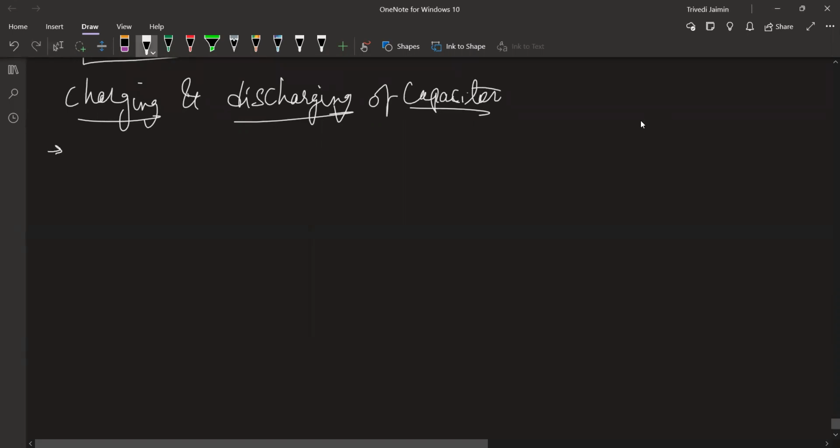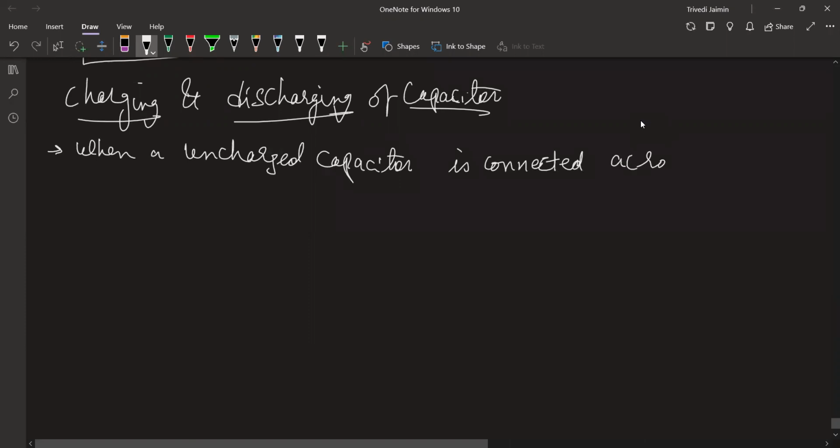So if I write in simple words: some uncharged capacitor connected across a source of constant potential difference, such as some cell.